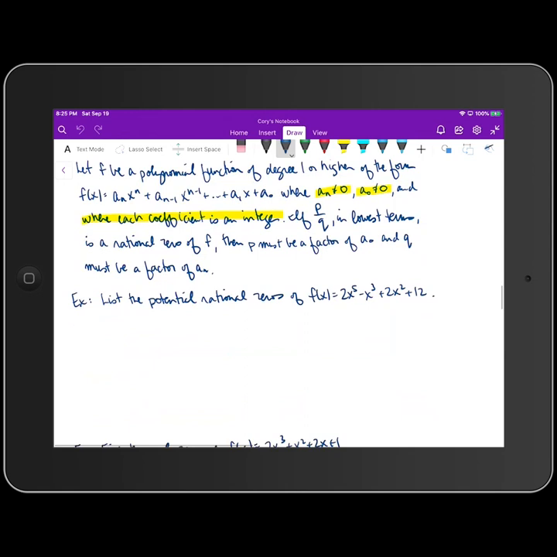All right, so let's do a quick example utilizing the rational zeros theorem. So it says to list the potential rational zeros of the function f of x, which is equal to 2x to the 5th power minus x cubed plus 2x squared plus 12.